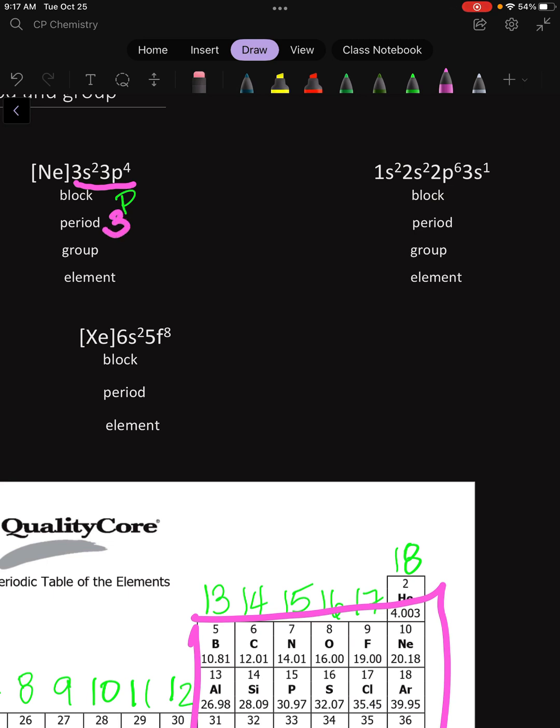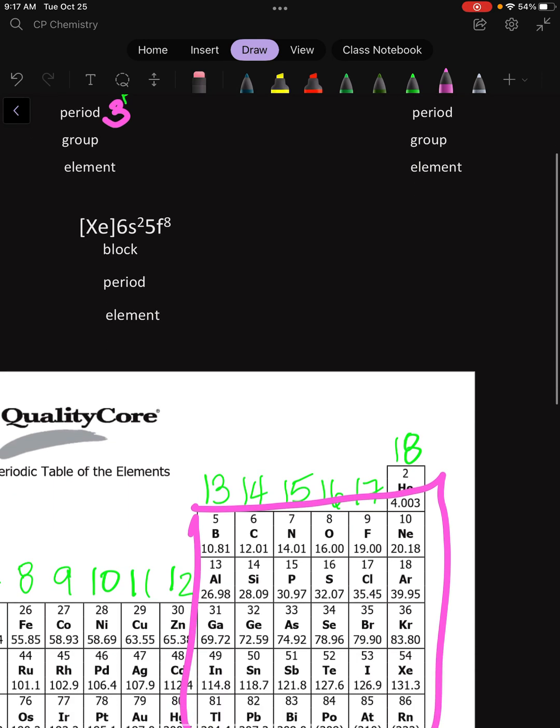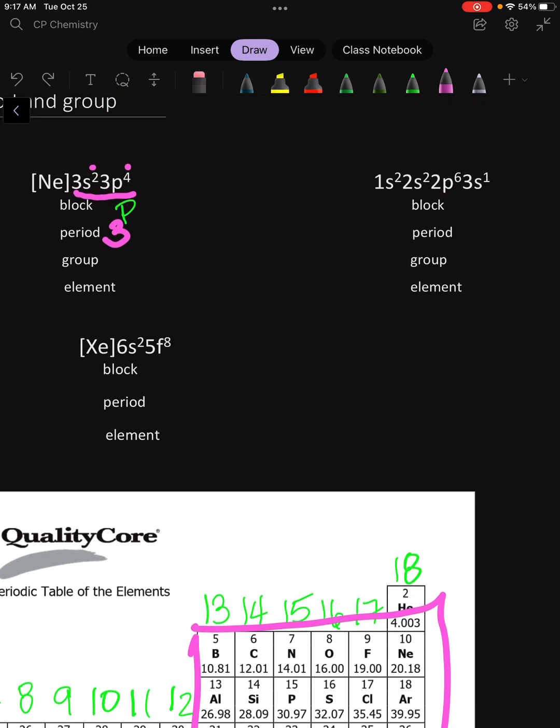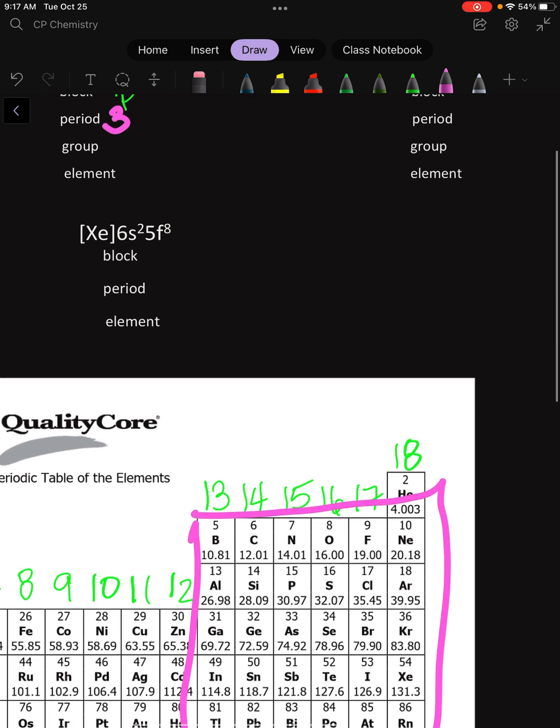All right, the group, this time we can't just add up 2 and 4, because we're in the P block. P block's groups are 13 through 18. So it has to be between 13 and 18. To figure out the group, we can use the 4 and know that we are 4 columns into the P block. So that's 1, 2, 3, 4.